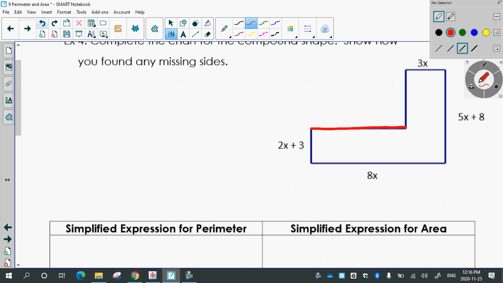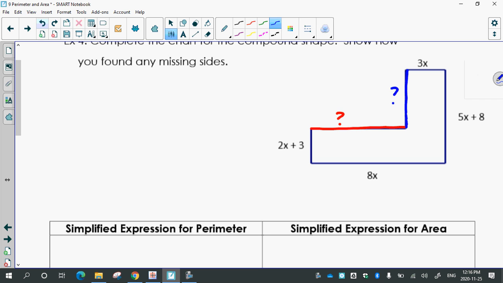So see if you can figure out what that side is. And then see if you can figure out what this side is. These are our two missing ones. So work with your partner and see if you can figure out what the missing sides are. And then see if you can figure out what logic you're using.